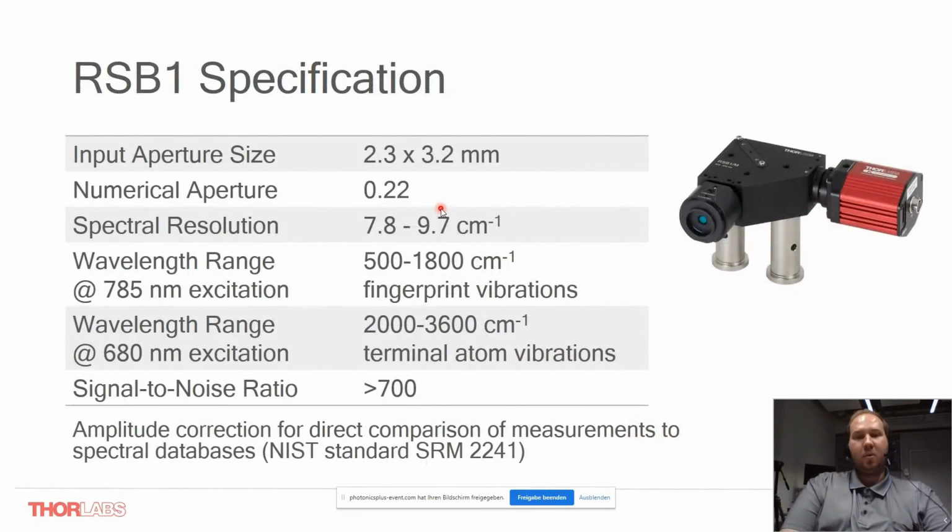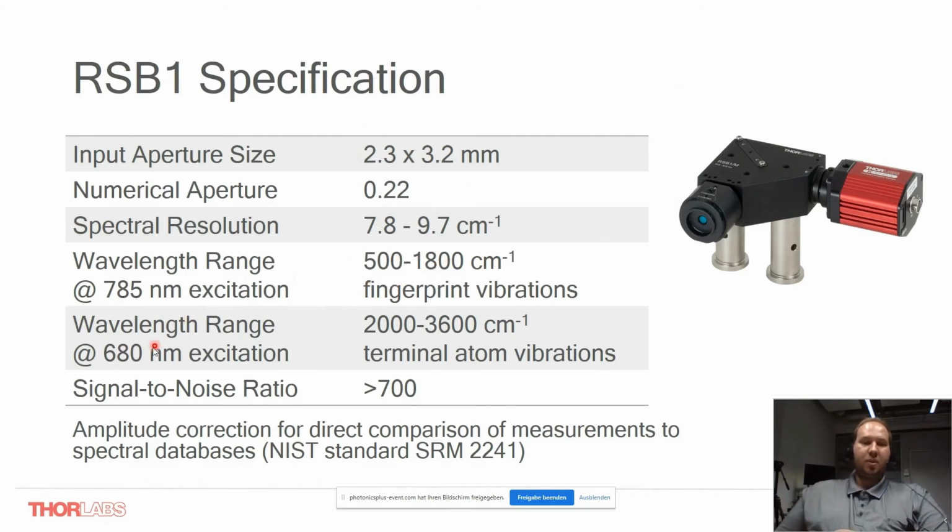If we look at the most important specifications, you can see that the aperture, again, is extremely large. The numerical aperture is 0.22. Spectral resolution varies between 7.8 and 9.7 centimeter to the -1. And with the 785 nanometer laser, you can reach the fingerprint region between 500 and 1800 centimeter to the -1.